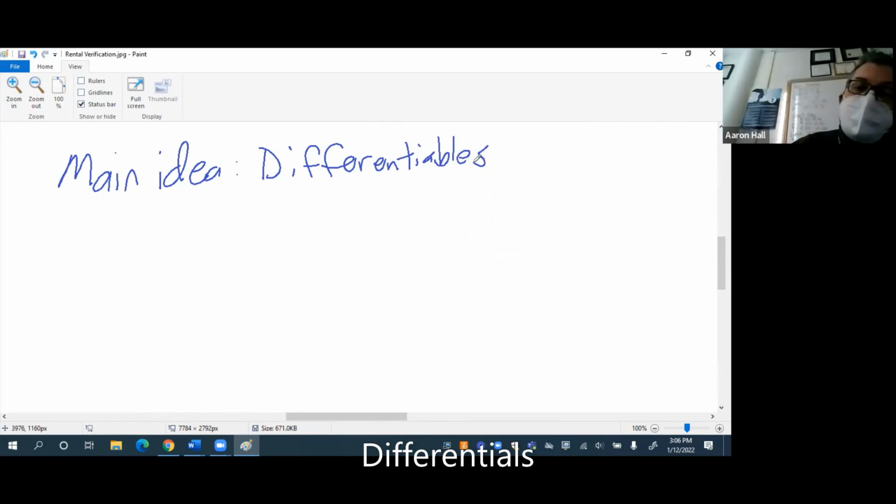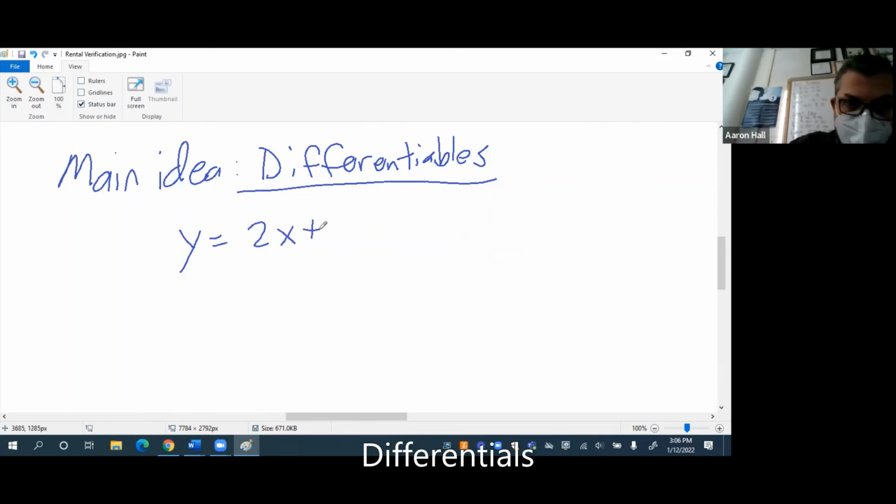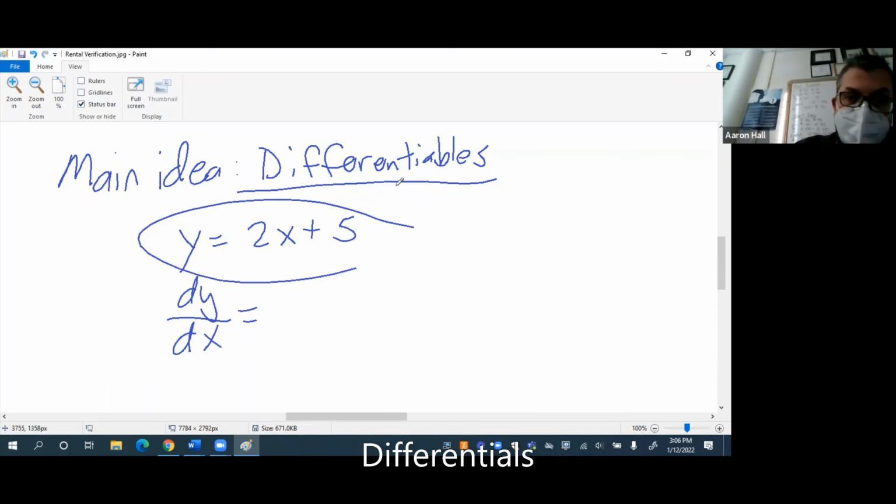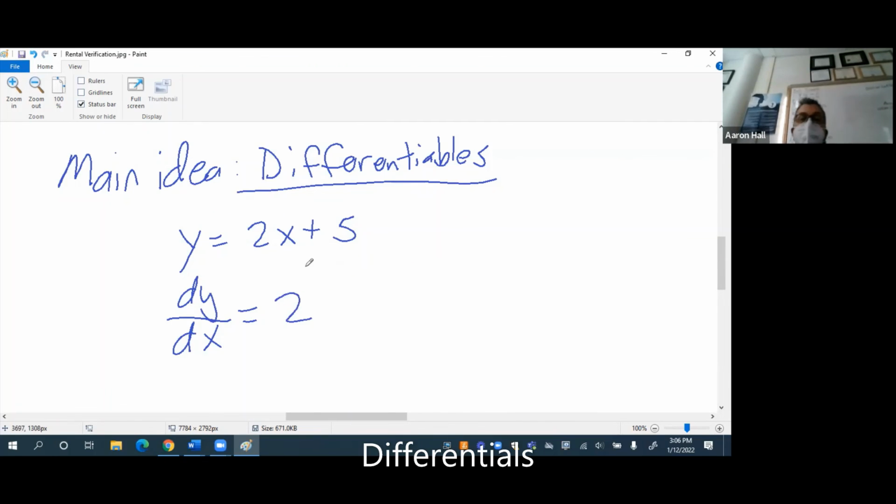Now consider when we take the derivative of something. I have something like y equals 2x plus 5. When I take the derivative of this, dy/dx, this equals what? It is, yeah, the derivative of 2x plus 5 is just 2. So this is the slope.